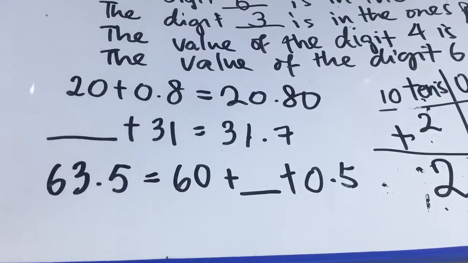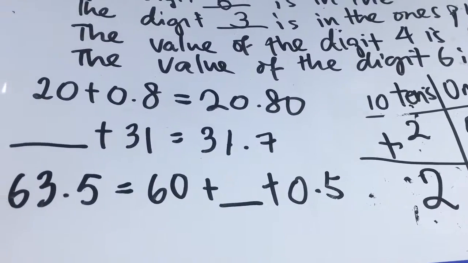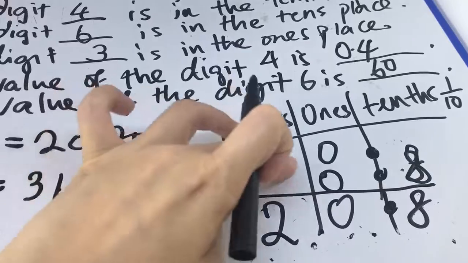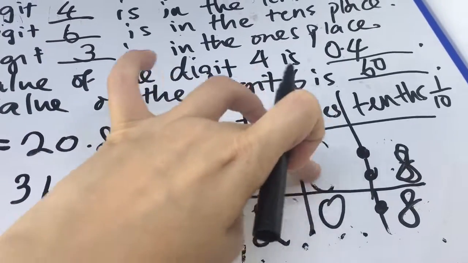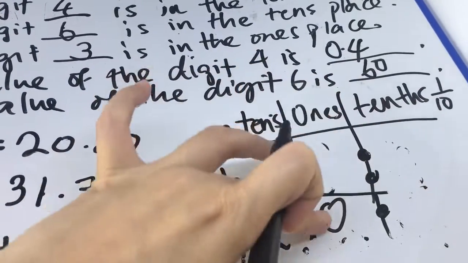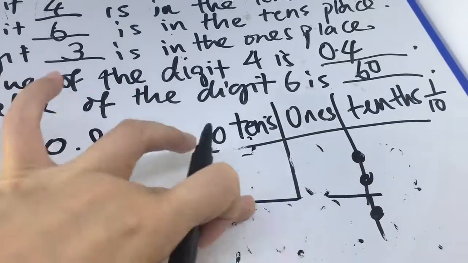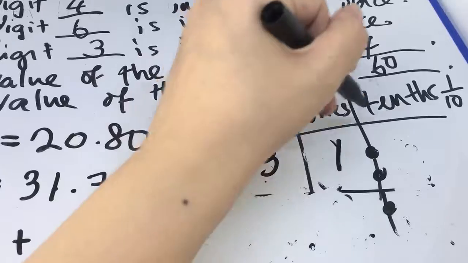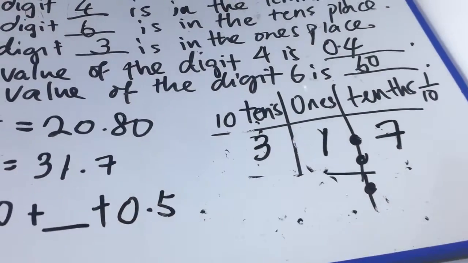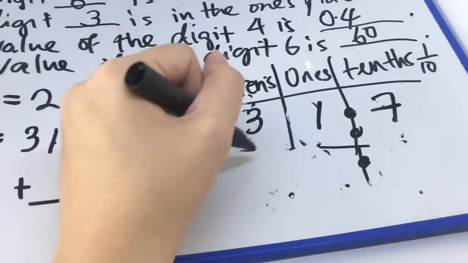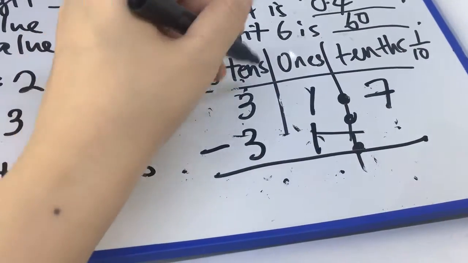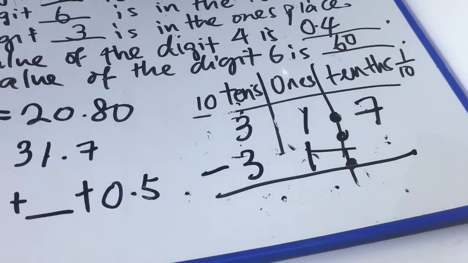Now let's look at the next question. 31.7 is the same as 31 plus, so let's look at 31.7. It's the same as 31 plus, let's take away 31 from 31.7.